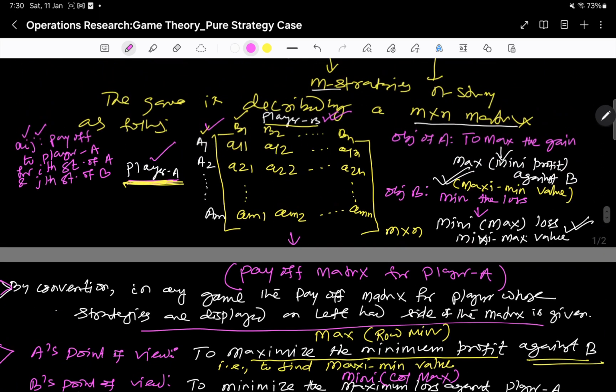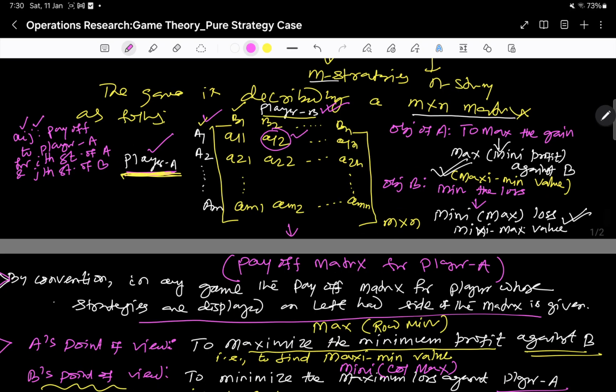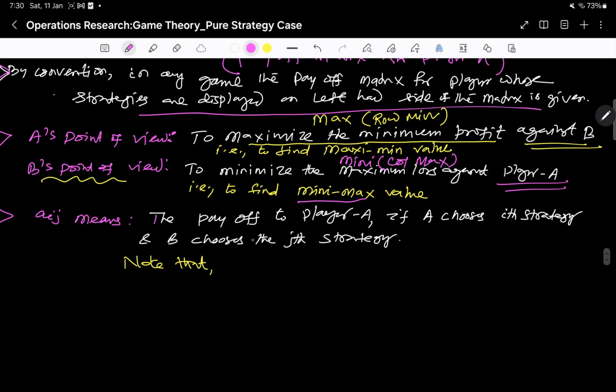Now what is Aij? Suppose when player A chooses A1 and player B chooses B2, then this A12 is the profit of player A, and at the same time, this A12 is the loss of player B. So I can say Aij means the payoff to player A if A chooses the ith strategy and B chooses the jth strategy.